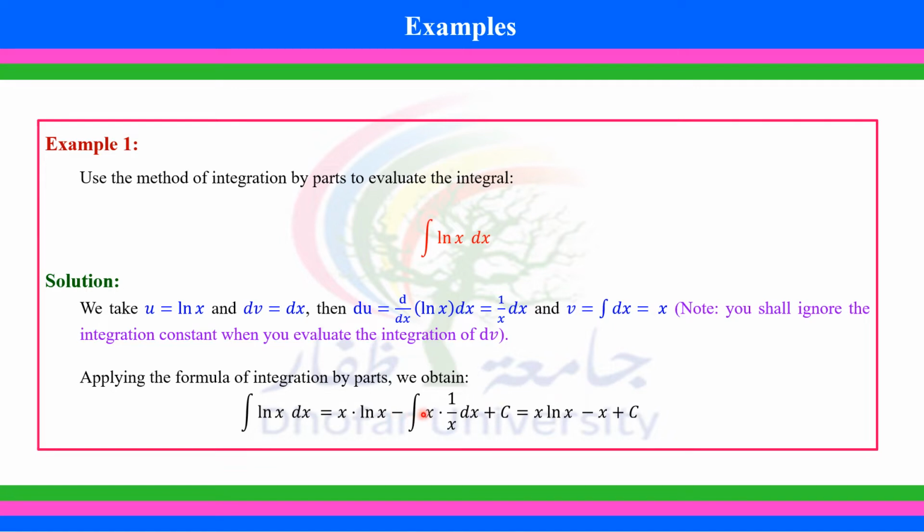This is v and this is du. So this integral here simplifies to integral dx, which gives x. Hence, the integral of ln x dx becomes x ln x minus x plus a constant of integration.